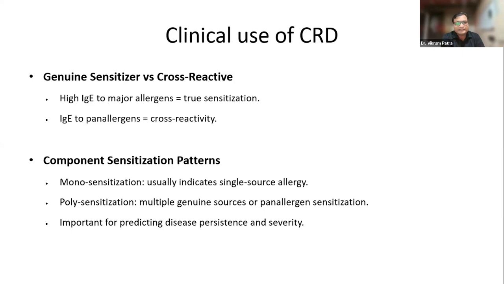Then, depending on the component sensitization patterns, monosensitization usually indicates single-source allergy. The diagnosis is very clear. But when it comes to polysensitization, multiple genuine sources or pan-allergen sensitizations are also involved. That's why it is important to predict disease persistence and severity.